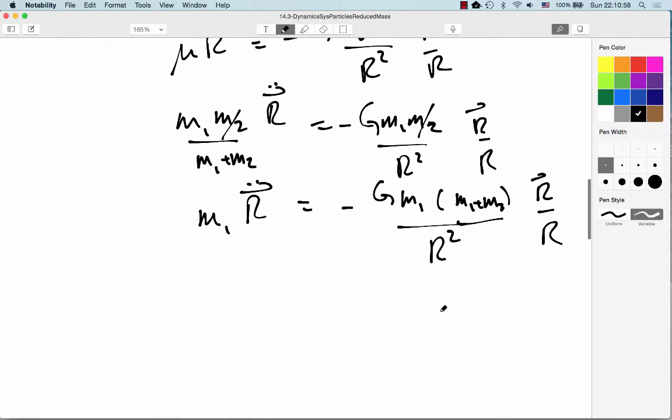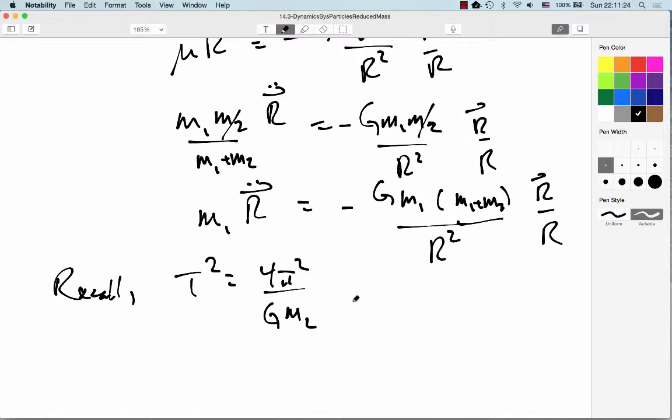Now, what we've done is we've replaced the mass of the star with the mass of the star and the planet. You recall before when we played with this, we got T squared equals 4 pi squared over G m2 a cubed.